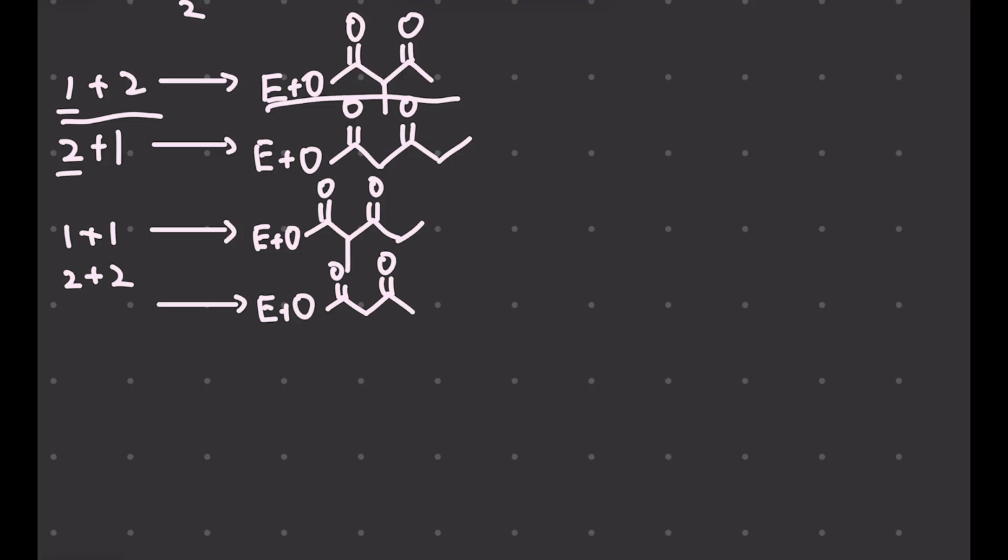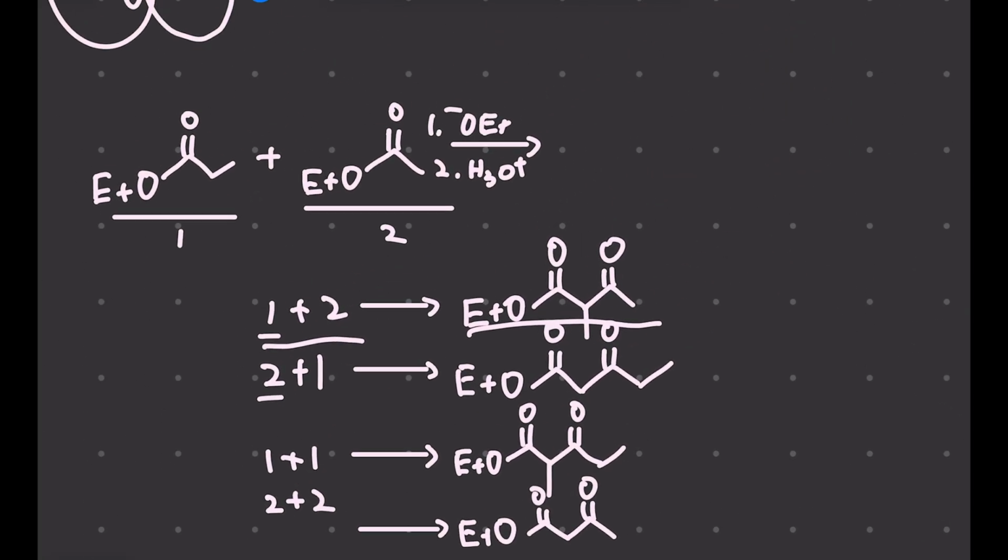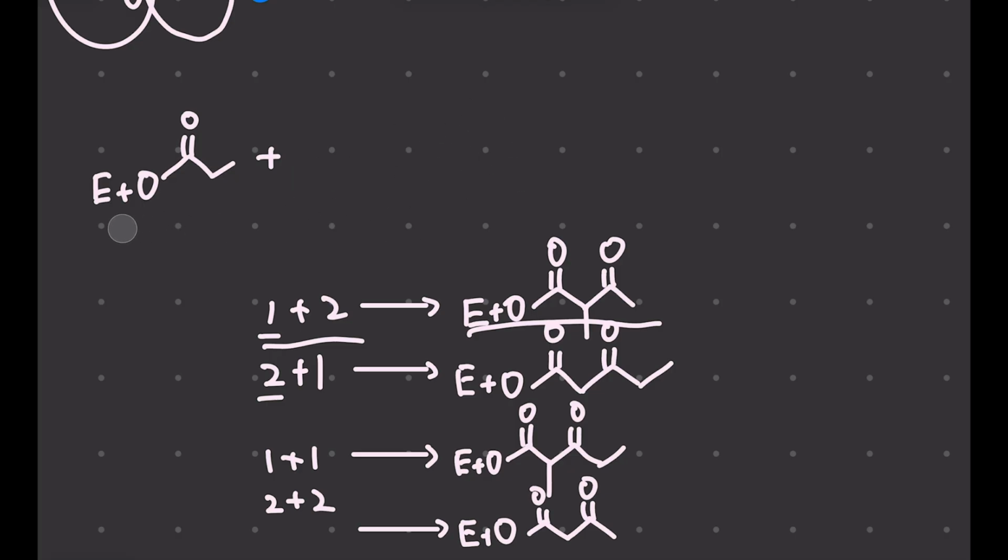If we want the product of 1 and 2 as a major product, instead of immediately reacting 1 with 2 with ethoxide, what we can do is use a very strong base like LDA, and this LDA will actually deprotonate basically all of the reactants into enolate ions.